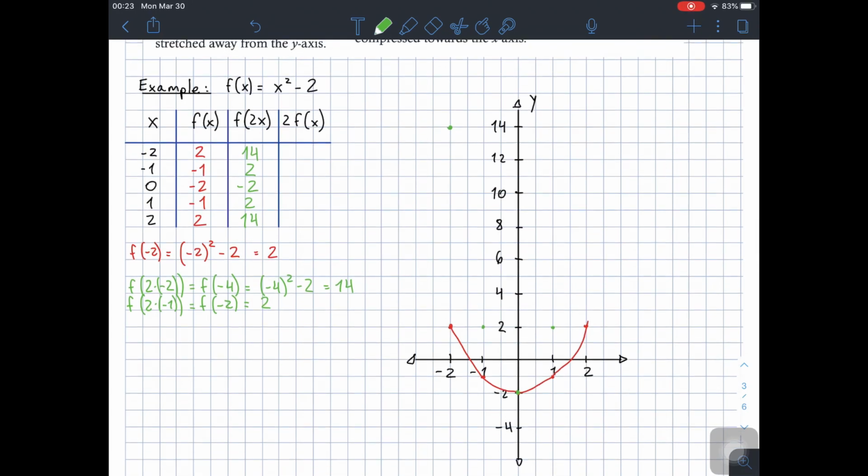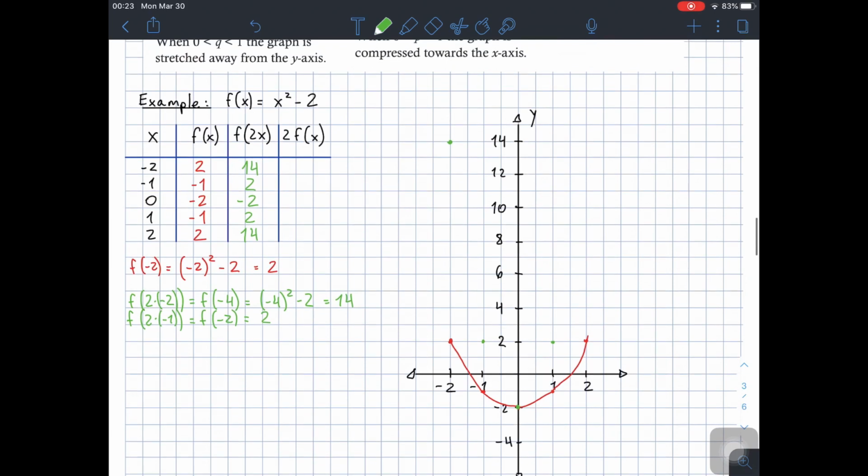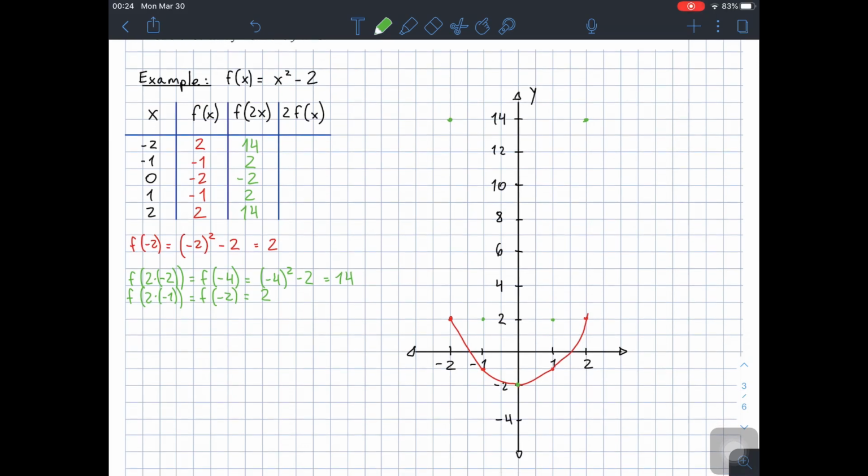And for 2, we're at 14. So we join these points. Kind of like this. What do we get?